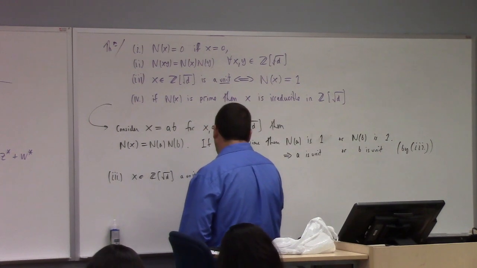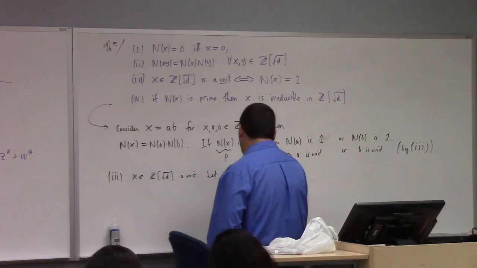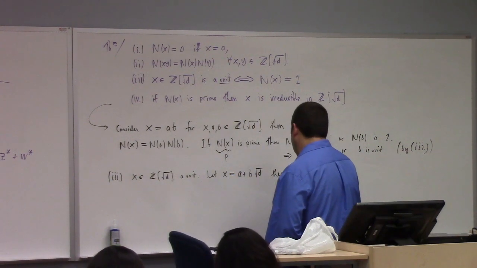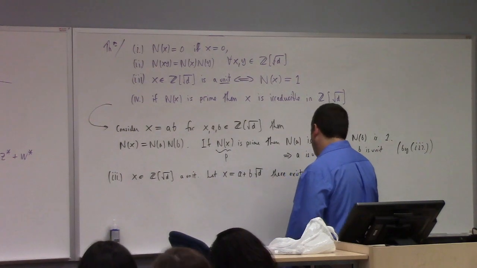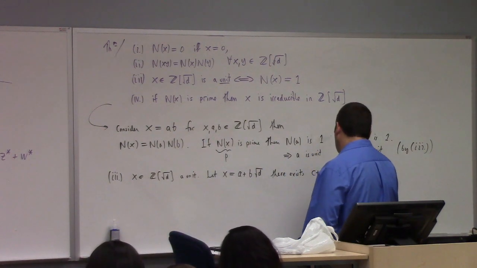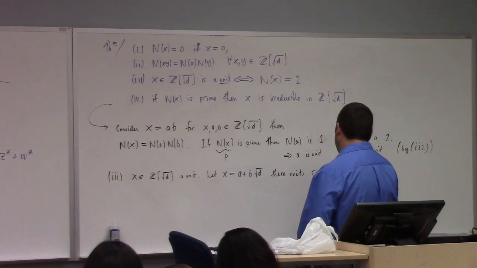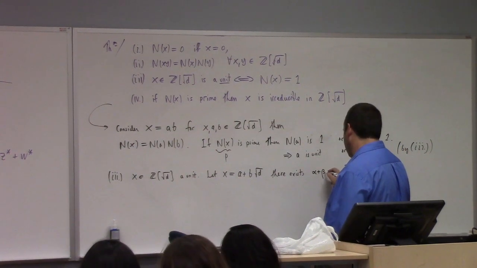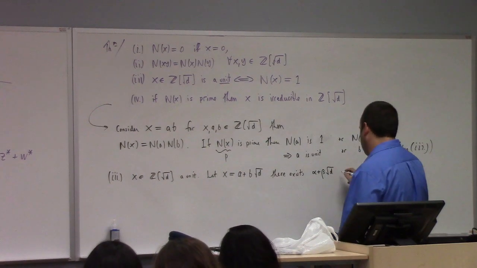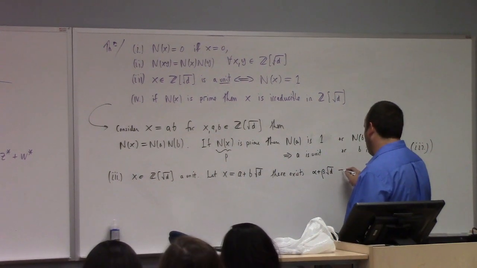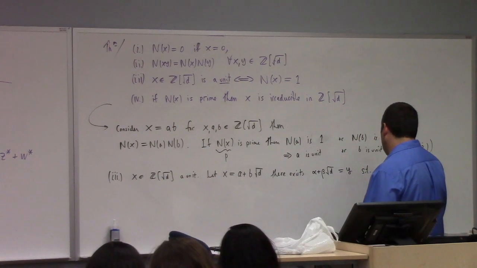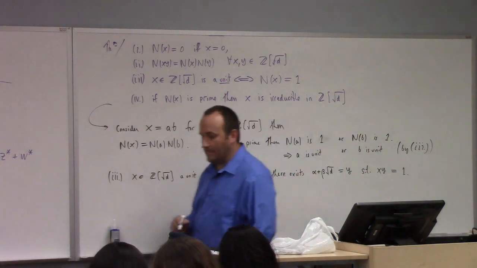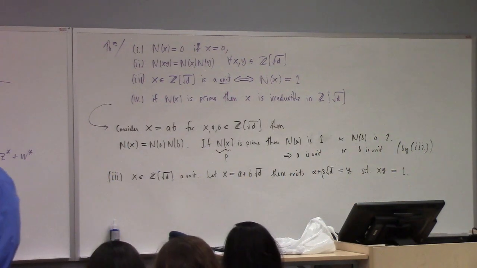So if we let x equal, let's say, a plus b square root of d, there exists what? c plus d square root of d, right? Oh, bad choice. I better use other letters. Let's say alpha plus beta square root of d. Let's call this thing y, such that xy equals 1, right? That's what it means for it to be a unit.